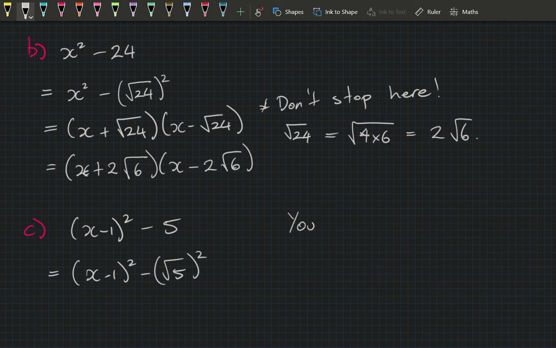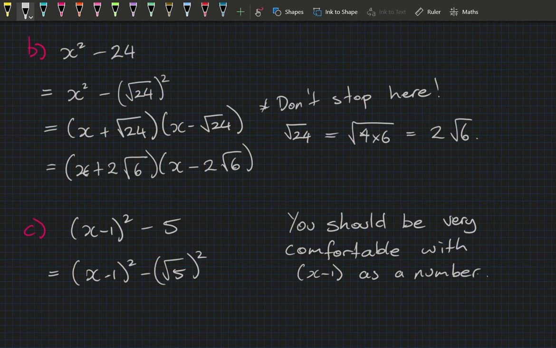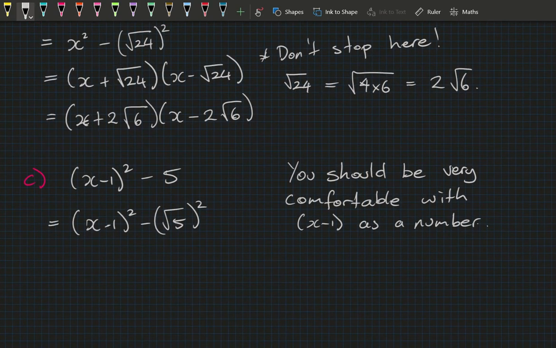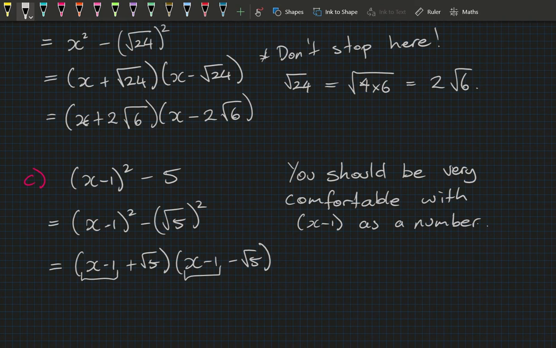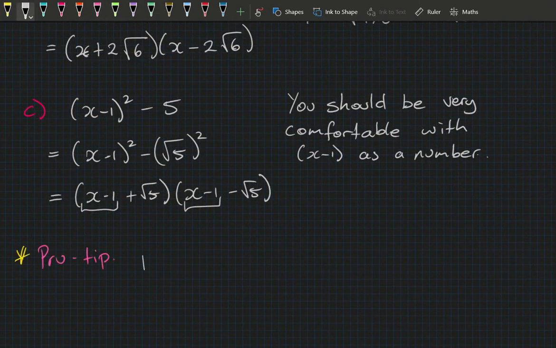And by this stage, you should be really comfortable seeing x minus 1 as a number. Therefore, that leaves us with x minus 1 plus the square root of 5 times x minus 1 minus the square root of 5, with these x minus 1s representing the insides of this perfect square. And another pro tip for today is you must be really careful of that plus and minus sign in part C.